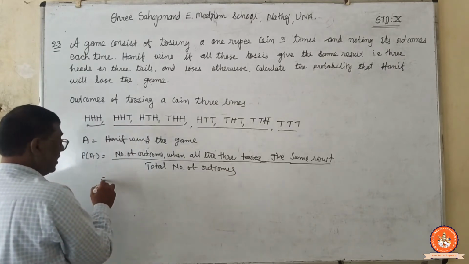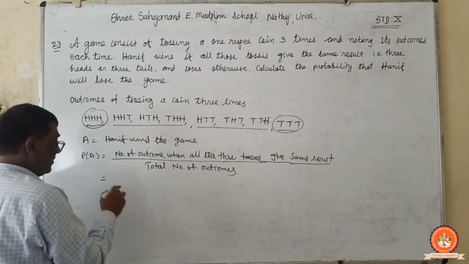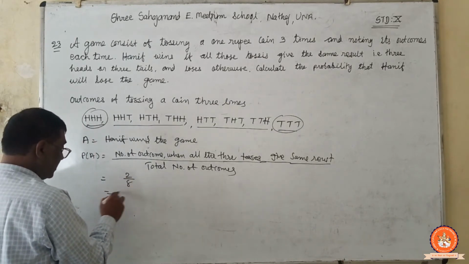There are 2 outcomes favorable to that event, that all the 3 give the same result. So 2 upon 8, it's 1 upon 4.